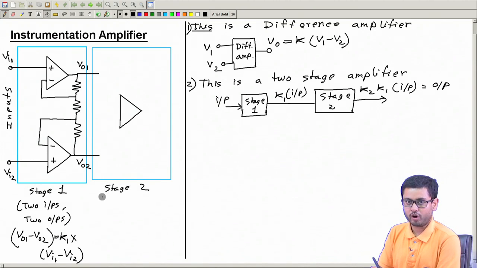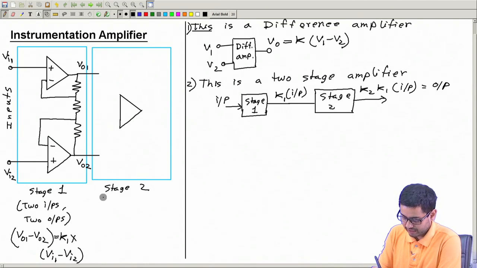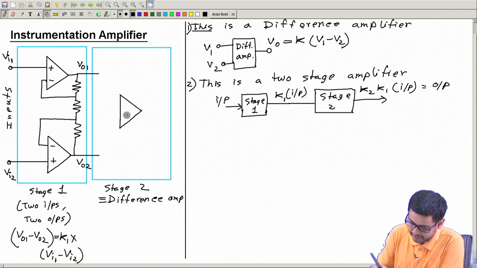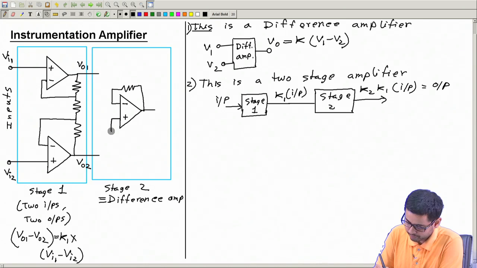This will be just a normal difference amplifier which we have studied, the same as a normal difference amplifier with a single op amp. So, how does that look like? It looks like this: put minus plus, give negative feedback. You know this minus connected to output, and plus to ground.